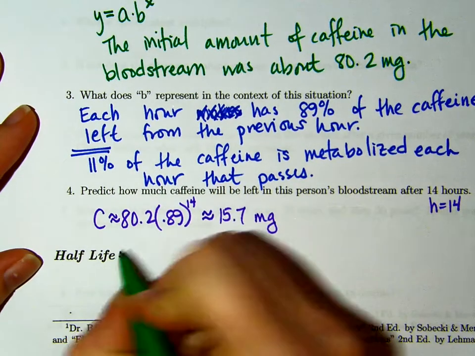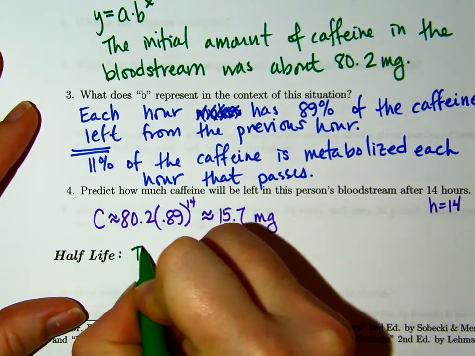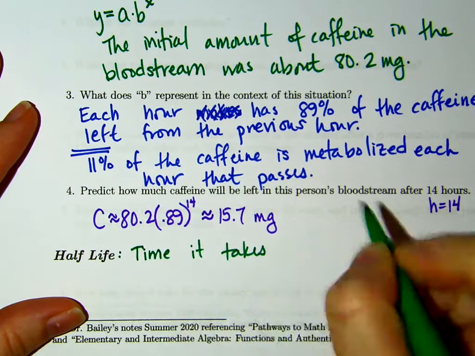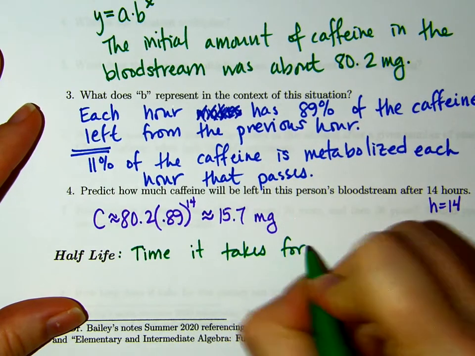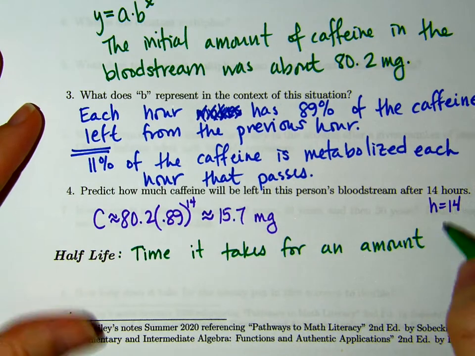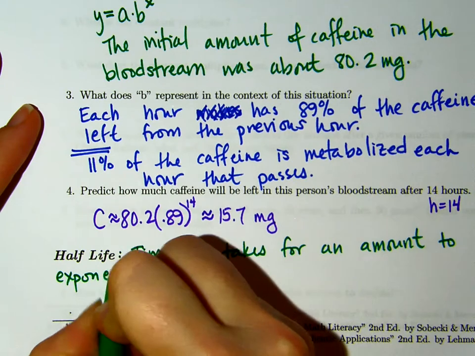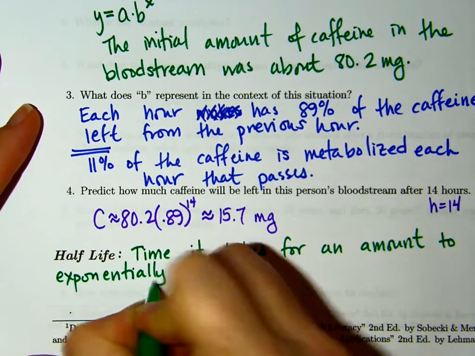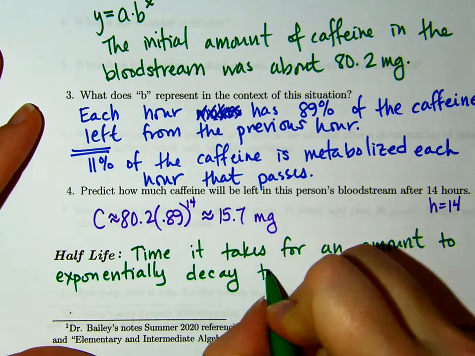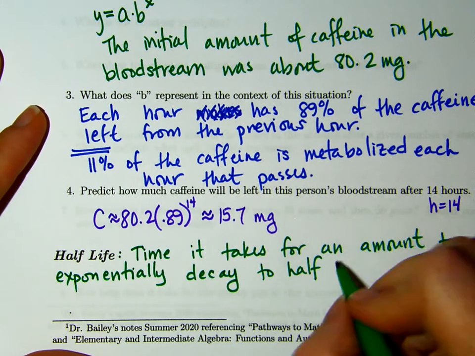So the time it takes for an amount to exponentially decay to half of what it started as.